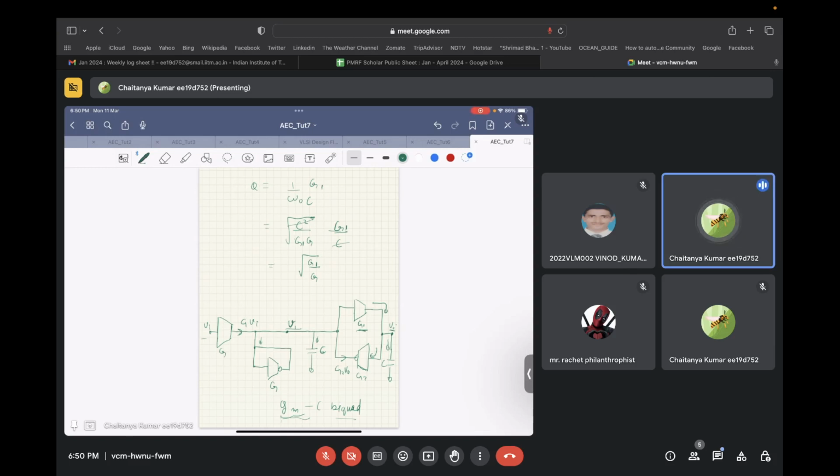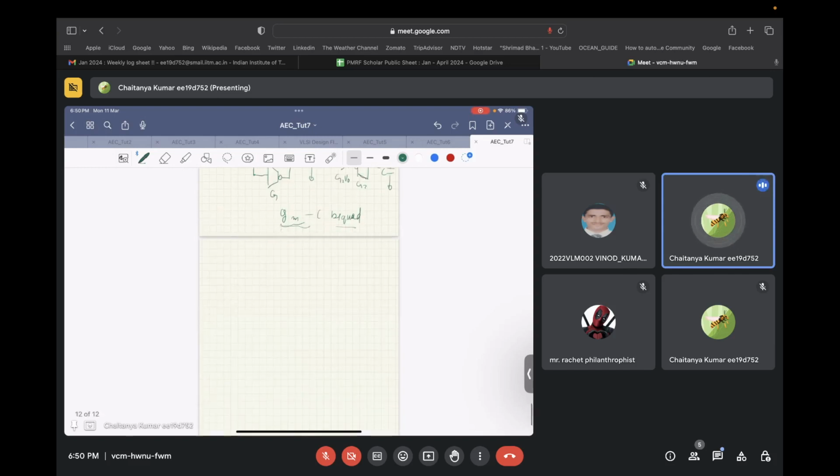Now till now, we have used models of these transconductors that are of value G. So in that case, we can replace it by the actual inverters and see how it happens.